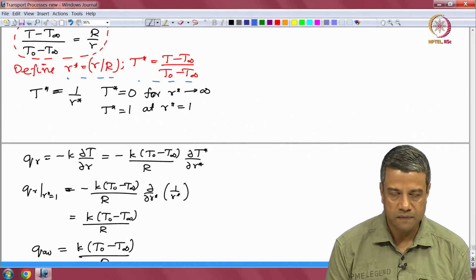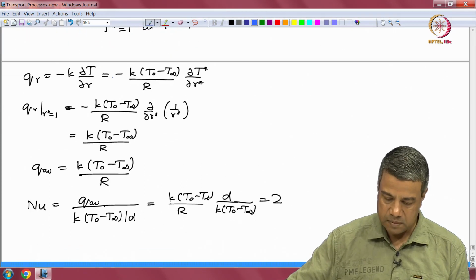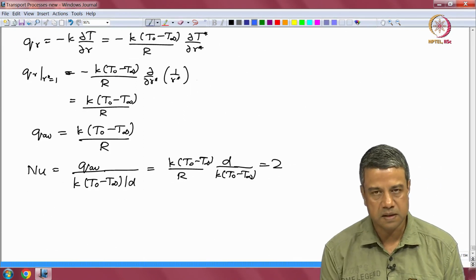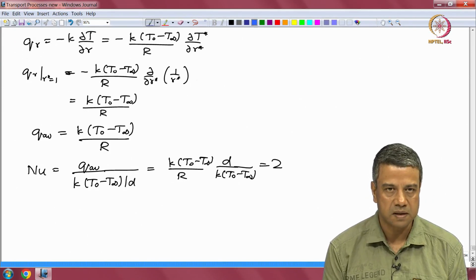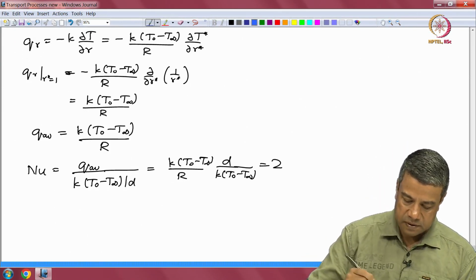We had calculated the flux at r is equal to R, minus K partial T by partial r, which is minus K into (T naught minus T infinity) by R into the derivative of T star with respect to R star. And we had got this expression for the flux.